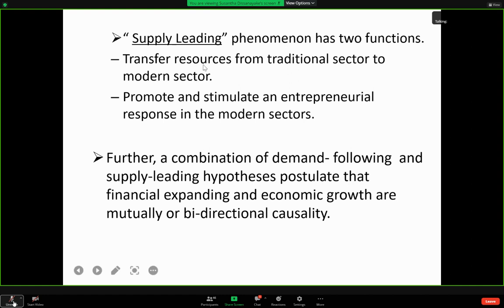So we'll come to this one later. The supply leading phenomenon has two functions: transfer resources from the traditional sector to the modern sector, and promote and stimulate entrepreneurial response in the modern sector. So they are saying transform the traditional sector to the modern sector.